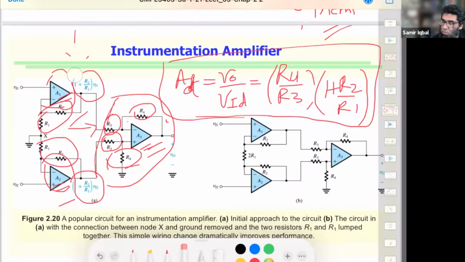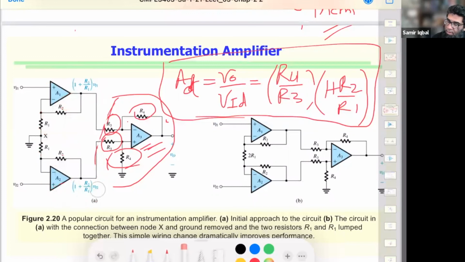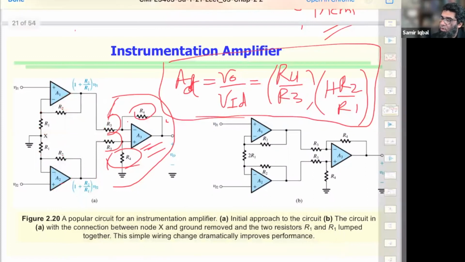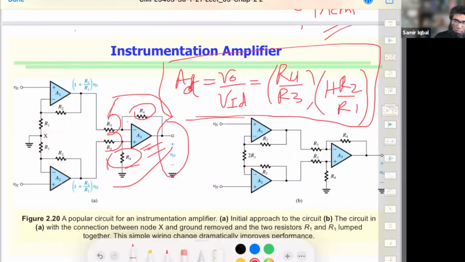So these two have to be perfectly matched to each other. Otherwise, the difference of their signals would be taken as a differential signal by A3, and that would ultimately show up as a valid output at the end of the amplifier.